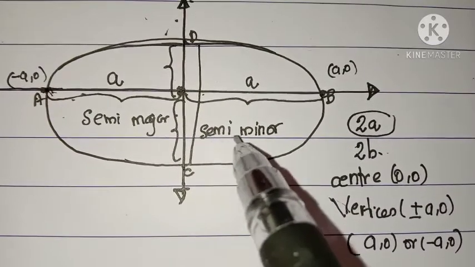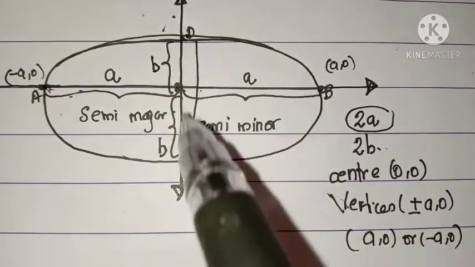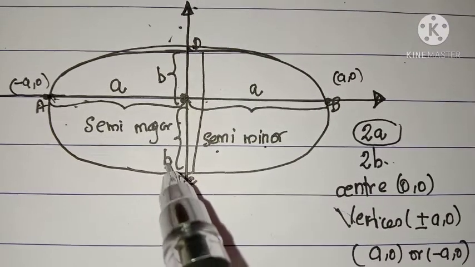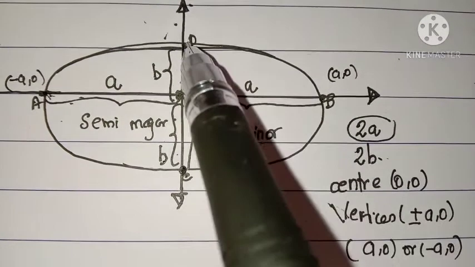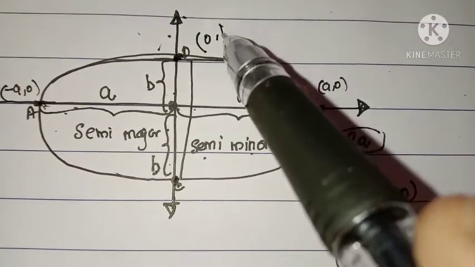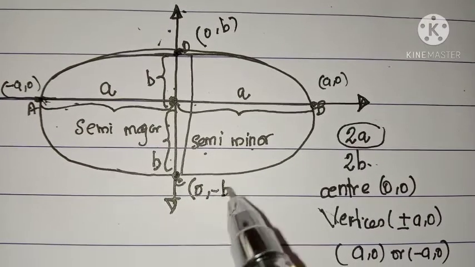The length of the semi-minor axis is b, because the total length is 2b and therefore half of the minor axis is equal to b. Naturally, we can define these 2 points C and D. This point is 0, b and this point is 0, minus b.